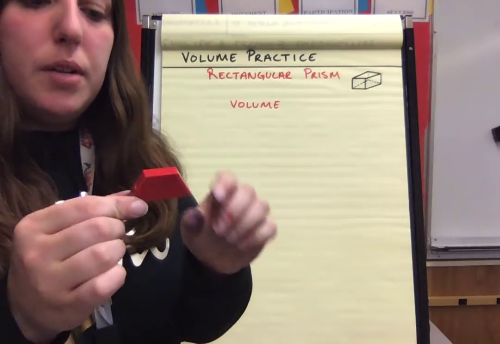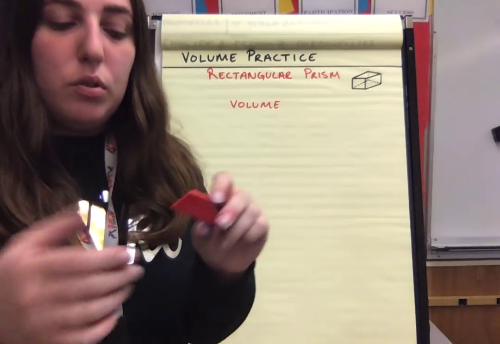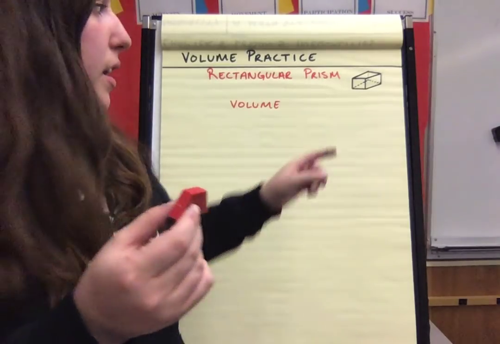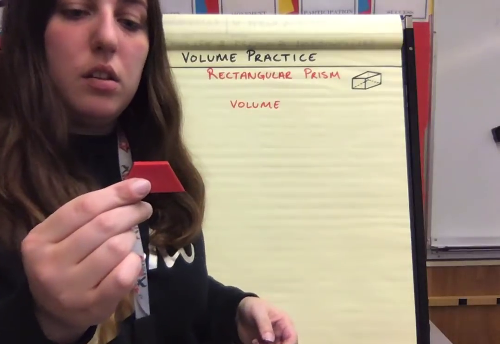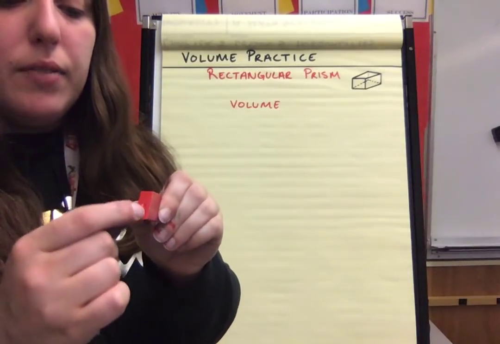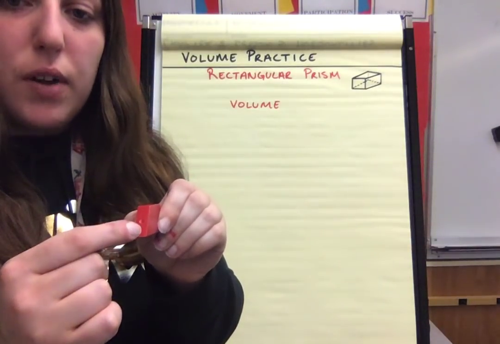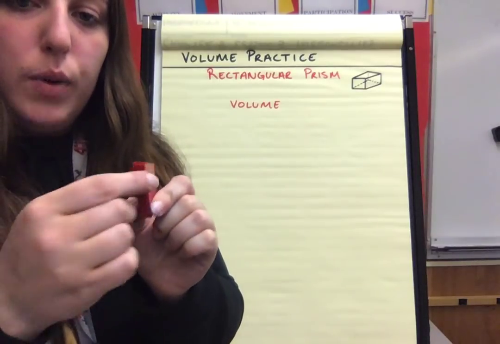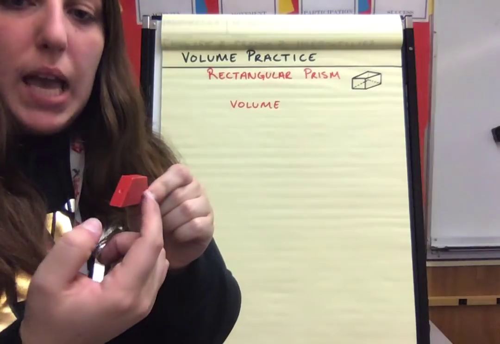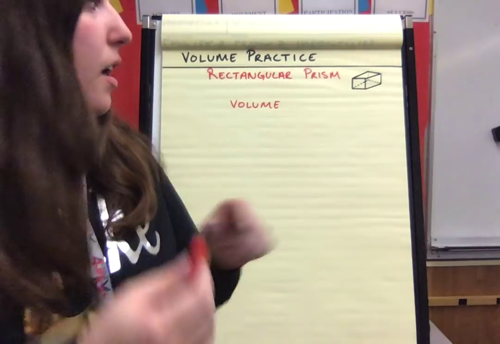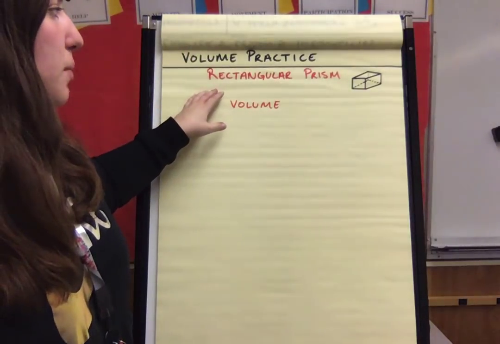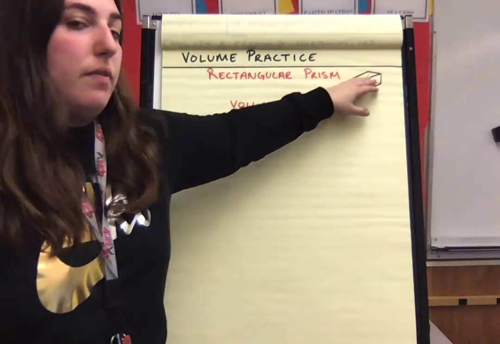Looks like a trapezoid. We learned about trapezoids, but what I really wanted to show you is the drawing that I drew over here is similar to this. Okay, so we have that front face, we have a back face, we have the top, we have the bottom, and then we have the sides on either side. That's what I drew here, and we're going to be finding the volume of this.